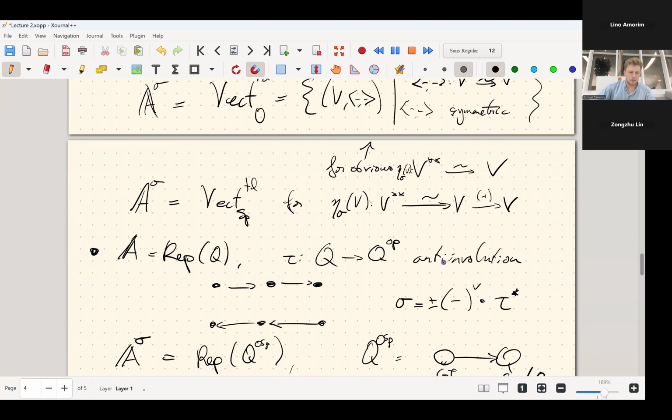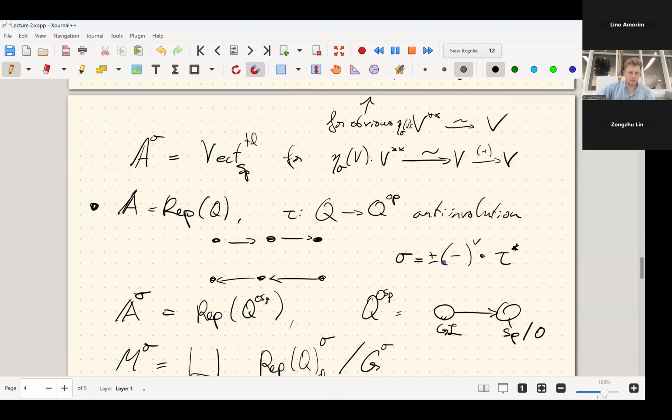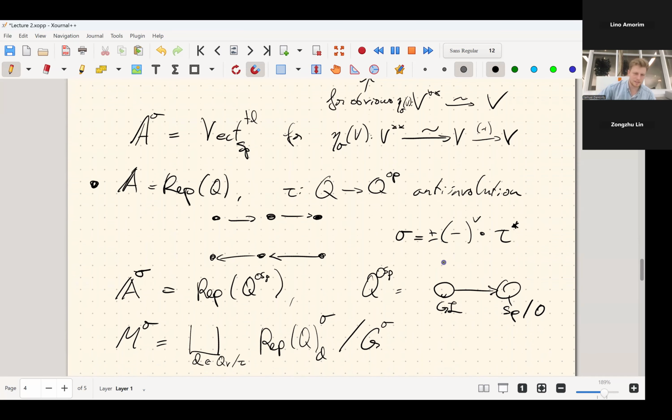And then a slightly more sophisticated example is where we take the abelian category of representations of our quiver and an anti-involution on that quiver. So we want an isomorphism from the quiver to the quiver with arrows reversed.